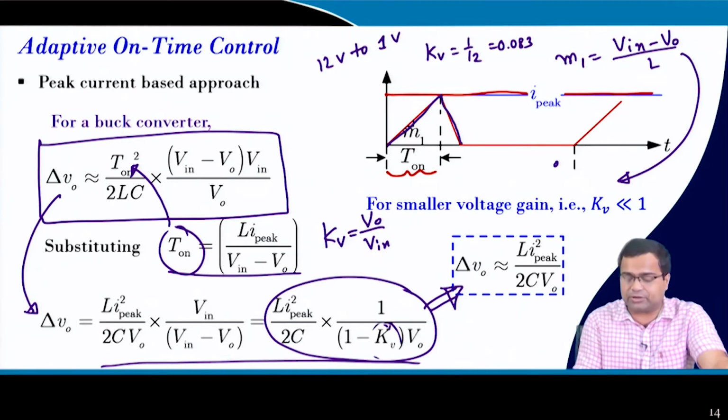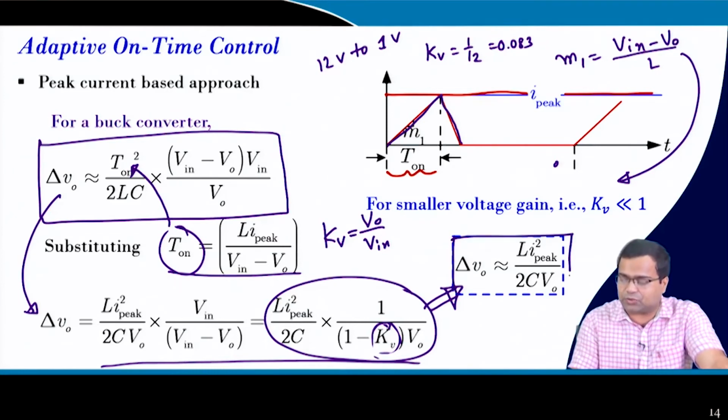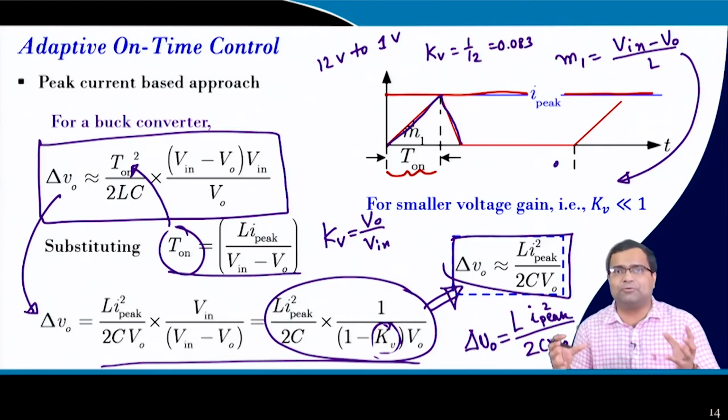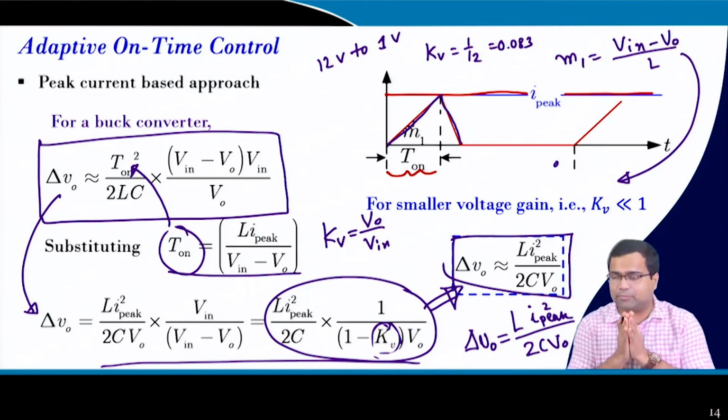This can be approximated to be 0 and this is 1. So, you see this expression shows that delta V0 is L I peak square by 2C V0. It is independent of input voltage, it is independent of load current, that means it takes the benefit of both.